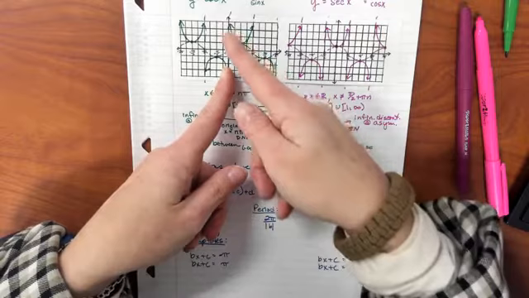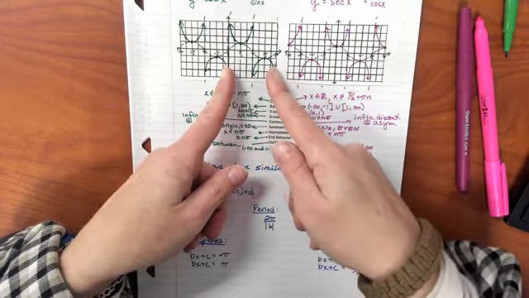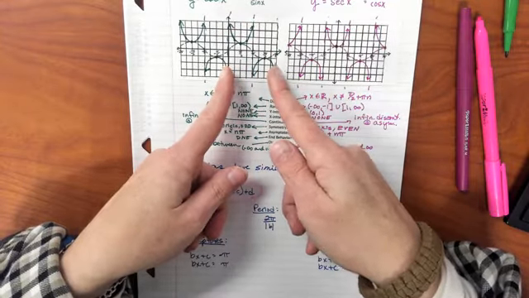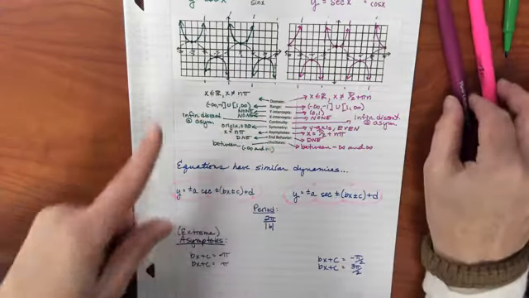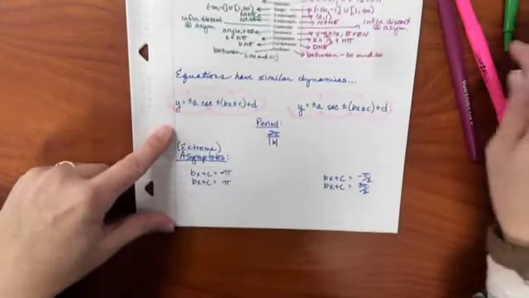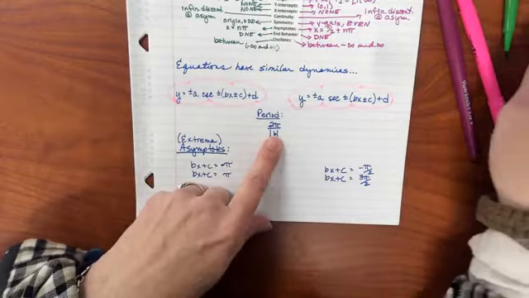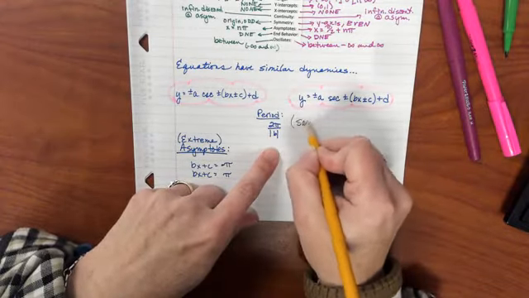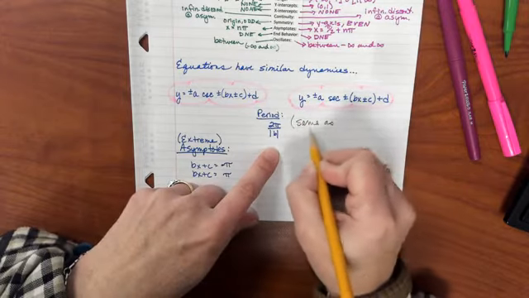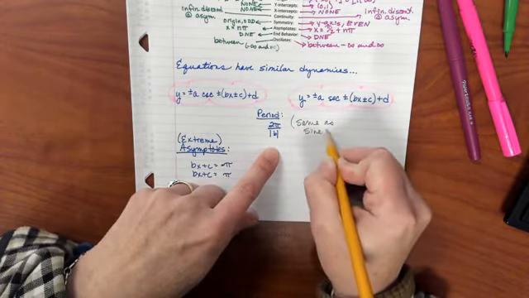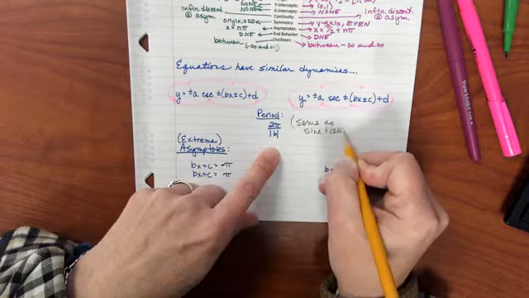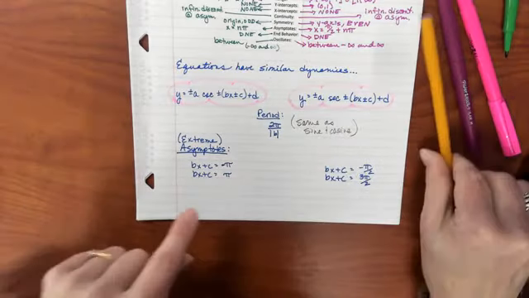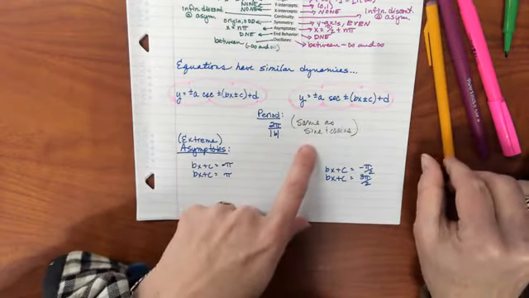You need to have basically a minimum and a maximum turn within a period. And therefore, when you go back to giving me the period, you're still going to use the 2 pi over b. So this is the same as sine and cosine. So you need to remember that the tangent and the cotangent is different, but this one's the same.